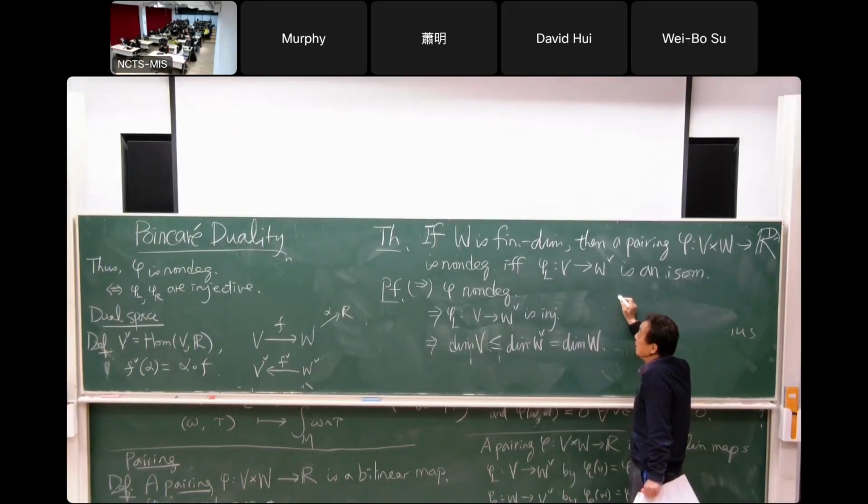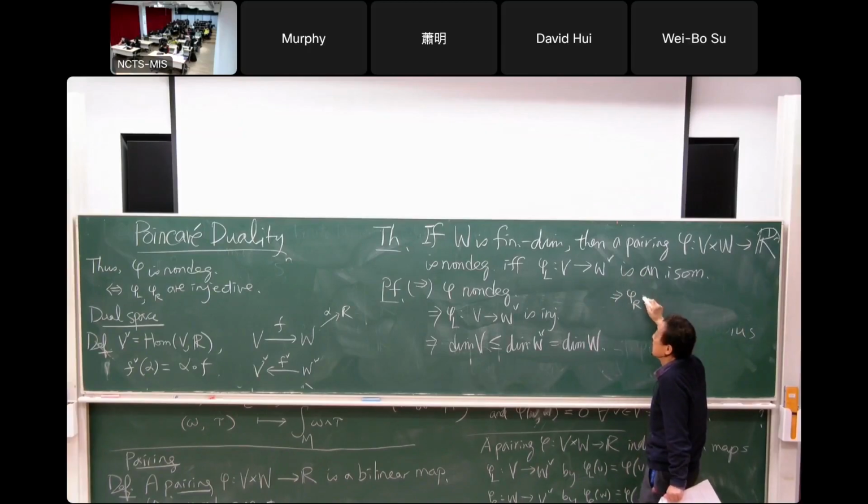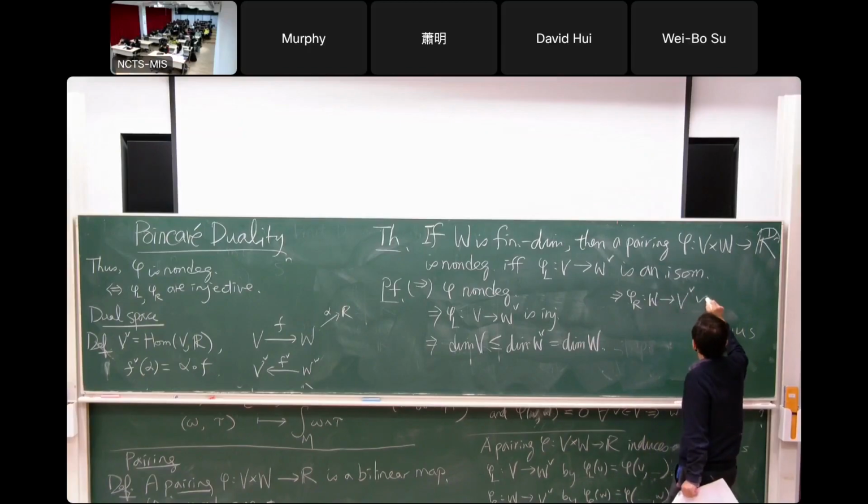But non-degeneracy also implies that the right map is injective.